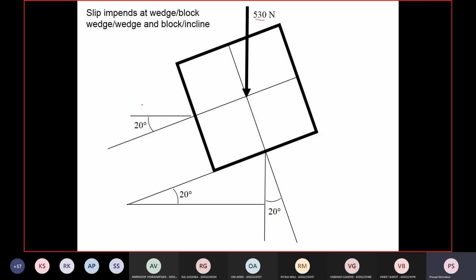And then there is this reaction R2, and R2 makes an angle of phi s, which we already calculated.